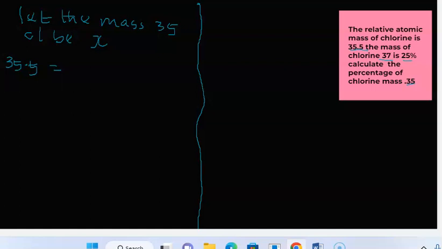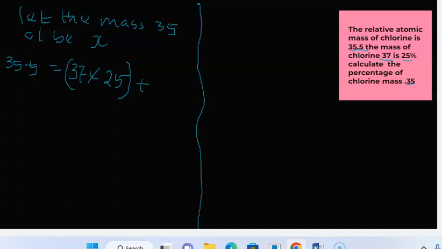Instead of relative atomic mass, we write the value that they give us. Then we also write the mass 37 times, we multiply by 25%, its percentage. Close the bracket, open the bracket, plus.